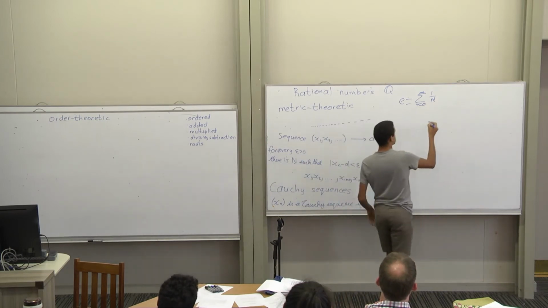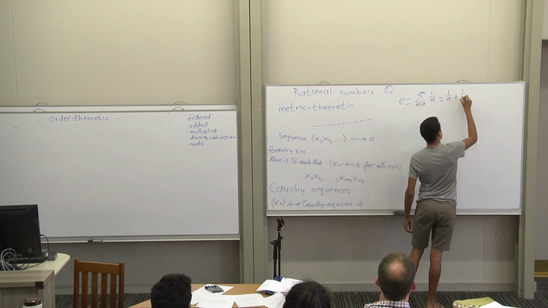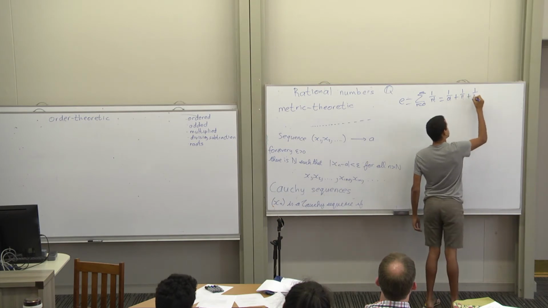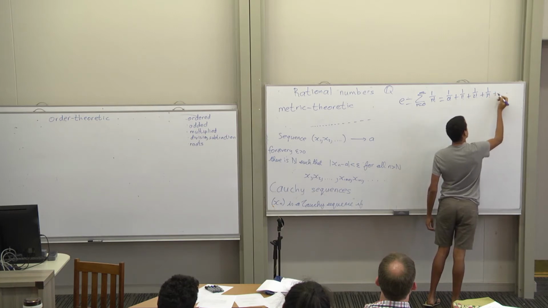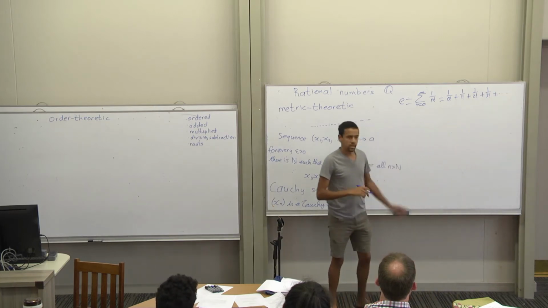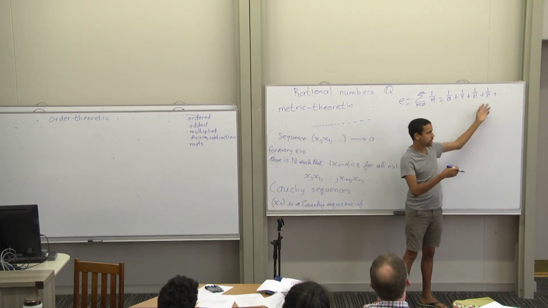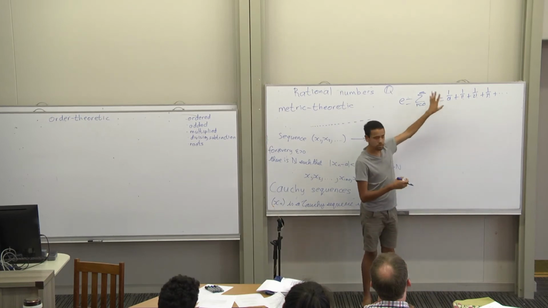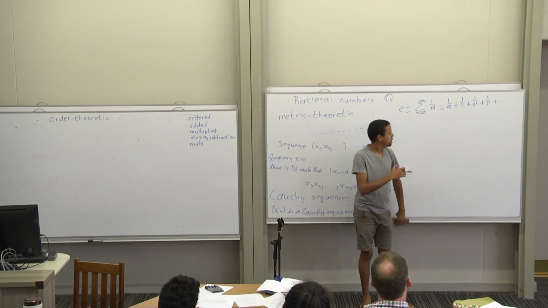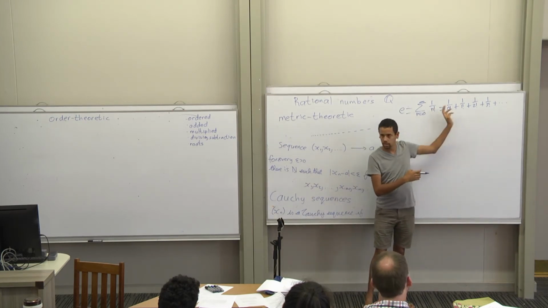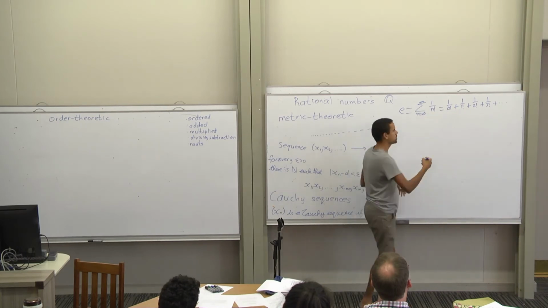If you write it out, that means 1 over 0 factorial plus 1 over 1 factorial, 1 over 2 factorial, 3 factorial, and so on. In this infinite sum, the pieces that you're adding together go to 0, and they go to 0 small enough for the sum to actually converge. And whenever you have an infinite series like this, there's an easy way to make a sequence out of that. It's just the sequence of partial sums.